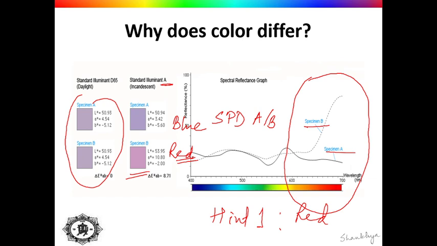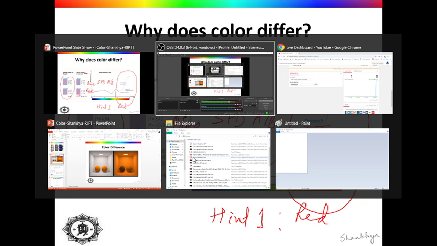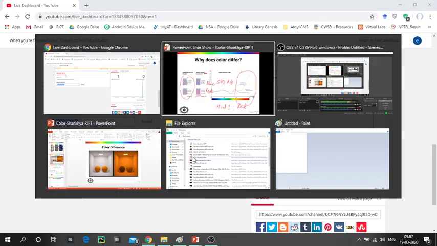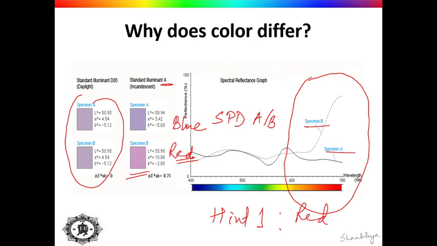Just try to figure this out on your own, and let me know via email, and I will answer this particular question in the next lecture that we have. Okay, now we move on from metamerism. We have completed metamerism in this lecture.